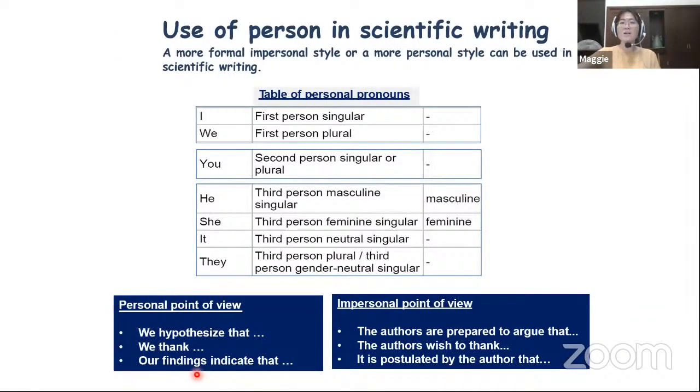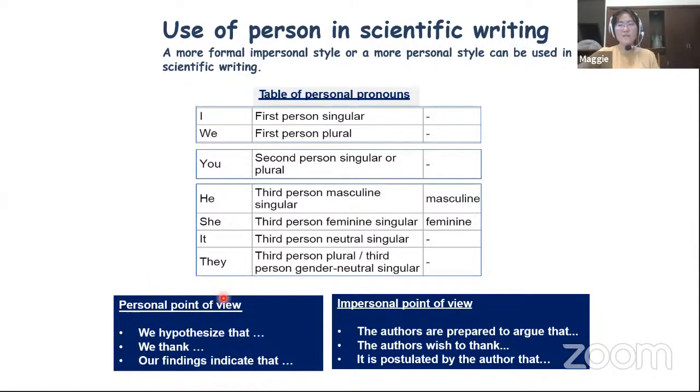Okay, next talk about the use of person in scientific writing. When we write our article, you can use the first person, the second person, or the third person singular for the writing. Here, the personal point of view: we hypothesize that, we think that, our findings indicate that.